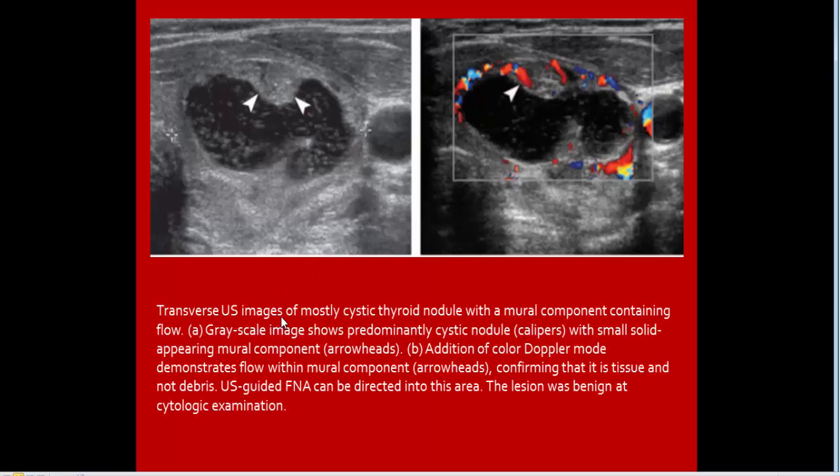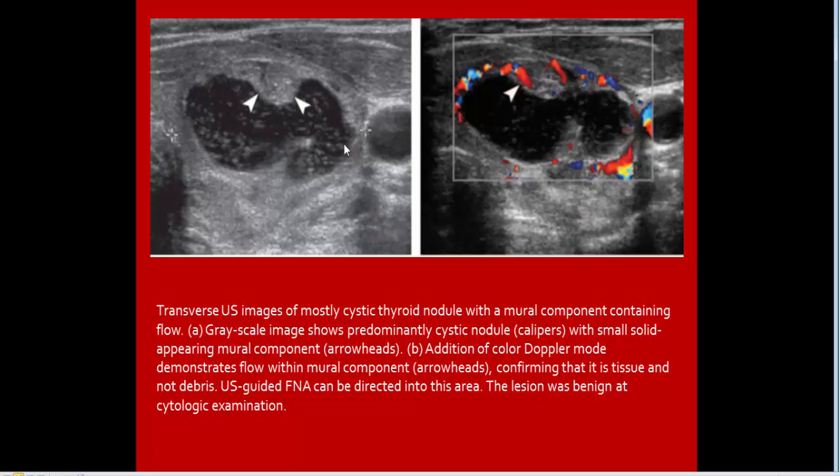The spectrum of benign thyroid nodule: this is a mostly cystic thyroid nodule with mural component containing flow. This image shows a predominantly cystic nodule with a small solid-appearing mural component that demonstrates flow on color Doppler, confirming this is tissue, not debris.